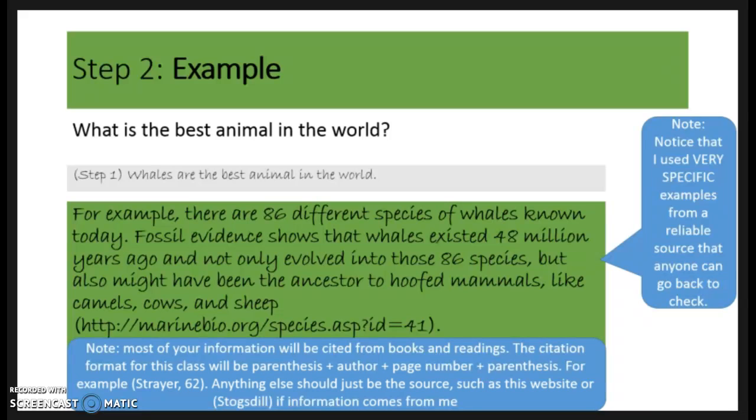Anything else that's outside of a textbook should really just be the source within a set of parentheses, such as the website that we used for this question, or if information comes from me, just put my last name in parentheses.